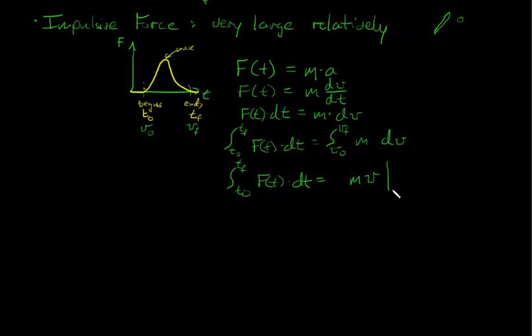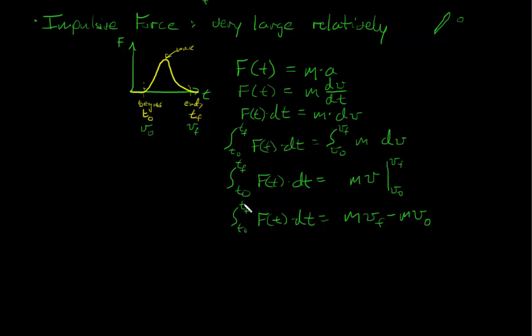We're going to find the difference from v naught to v final. So from the initial time to the final time, the integral of the force with respect to time is going to be mvf minus mv naught. And it's this quantity right here that we want to talk about.